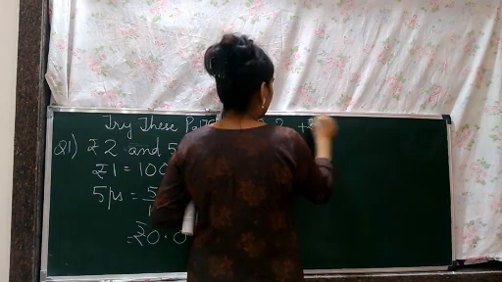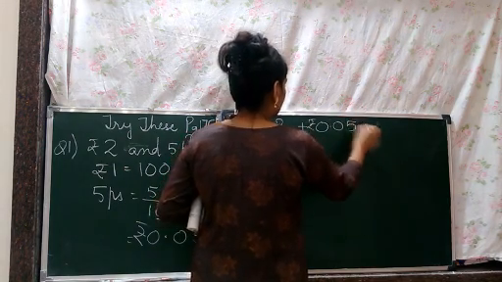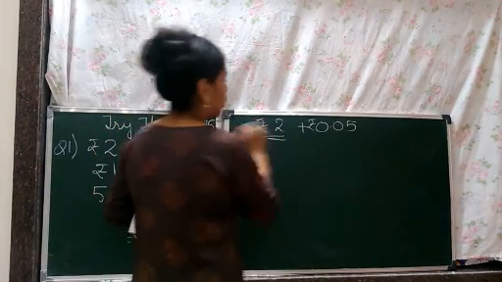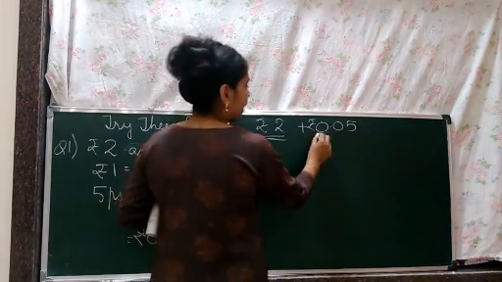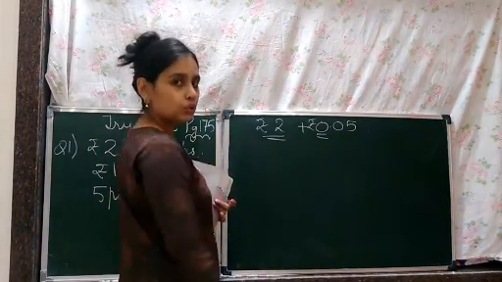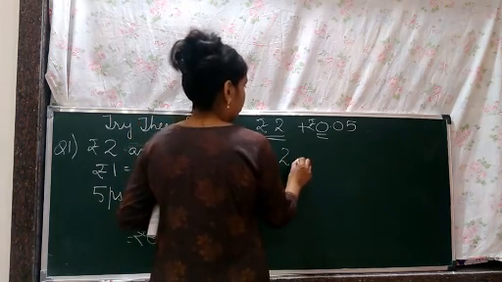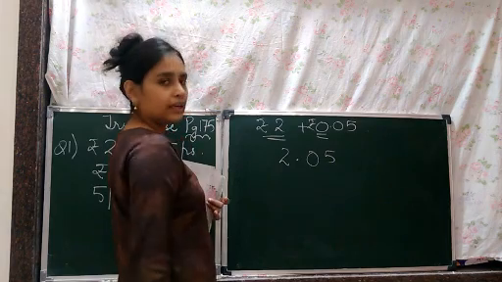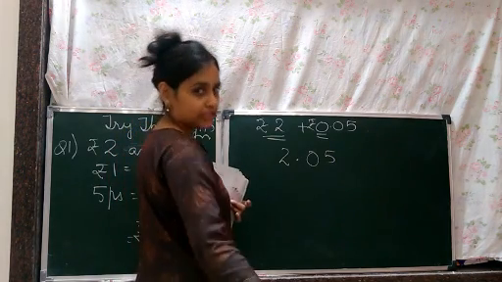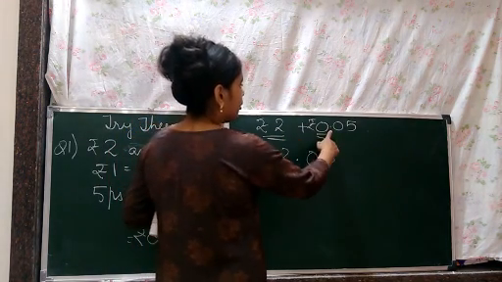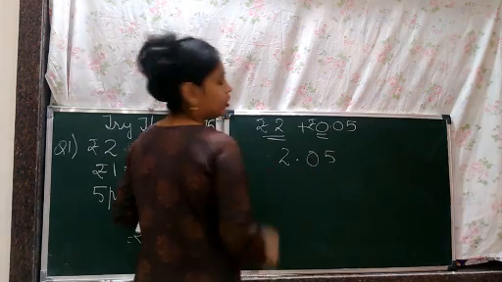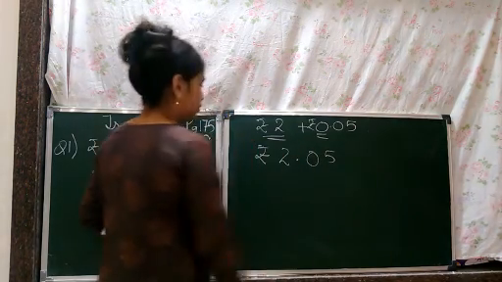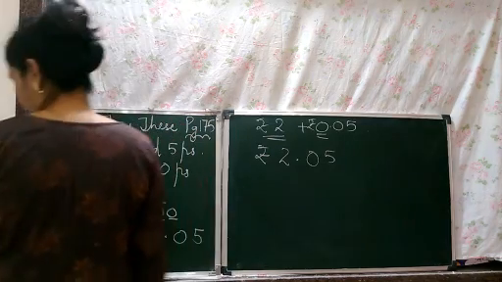So we are going to add them. Now this is a whole number, so it will be added to the whole number. So 2 plus 0 gives us 2. Nothing is here, so it will be 0.0, and when you add 0.0 and 0.05 you get 0.05. So this is your answer. Okay, this is the first part of question number 1.